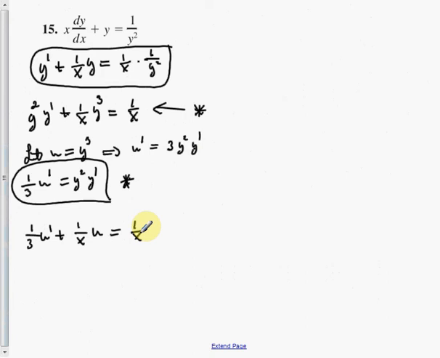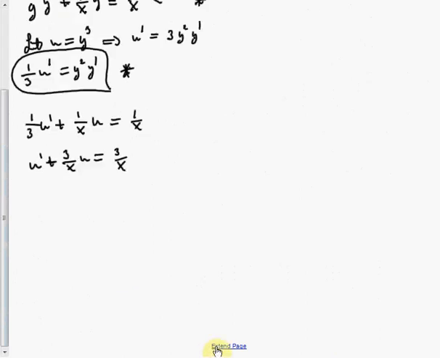I'm trying to make this look like a linear equation. It's not linear yet. Multiply everything by 3 and it will be linear in this u. So multiply everything by 3. I get u prime plus 3 over x times u is equal to 3 over x. So this equation here is said to be linear in u.